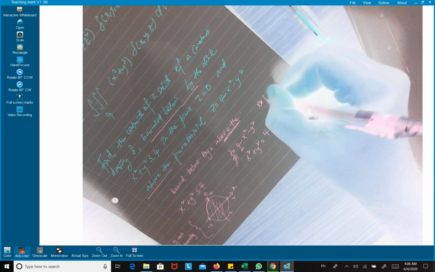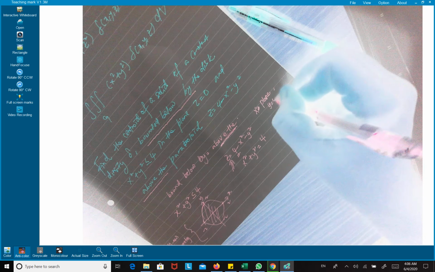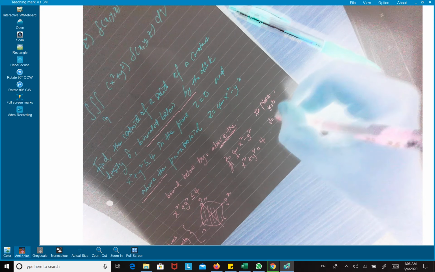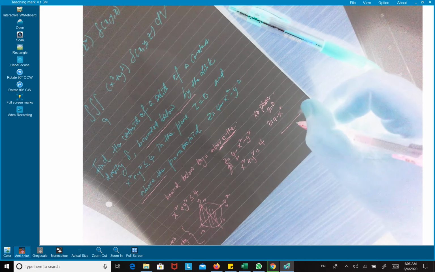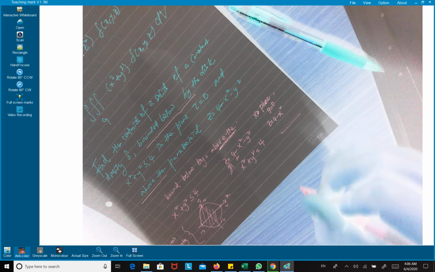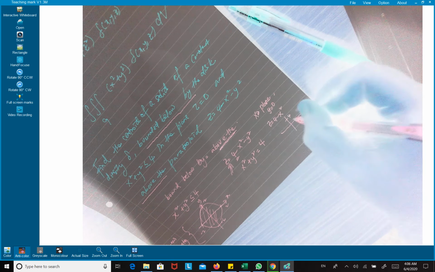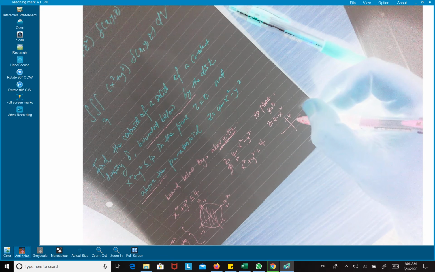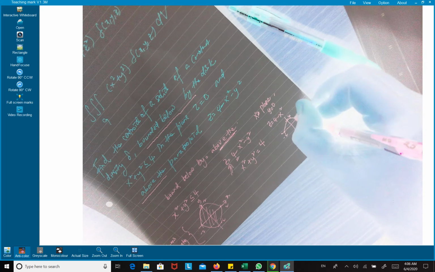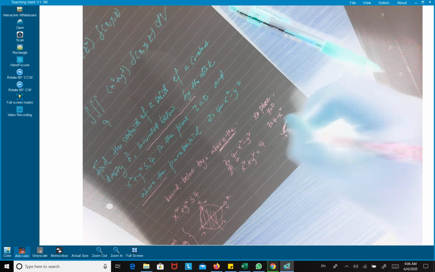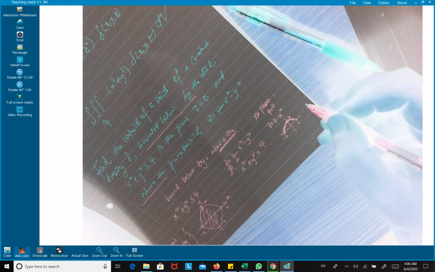So xz plane, y is 0, we have z equals to 4 minus x squared. So this is just a parabola. And then when z equals 0, x is -2 to 2. It's a maximum curve, sorry. It's a maximum curve. Also for yz plane, when x is 0, you will get the same.